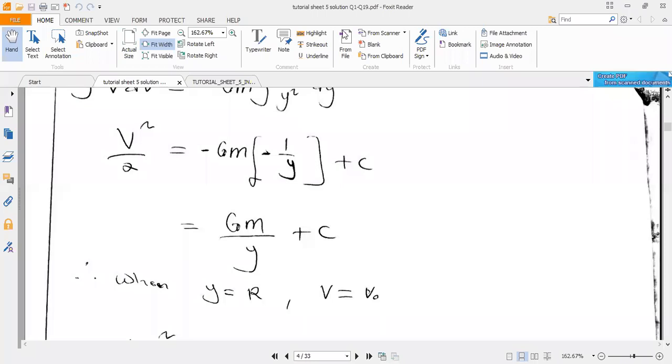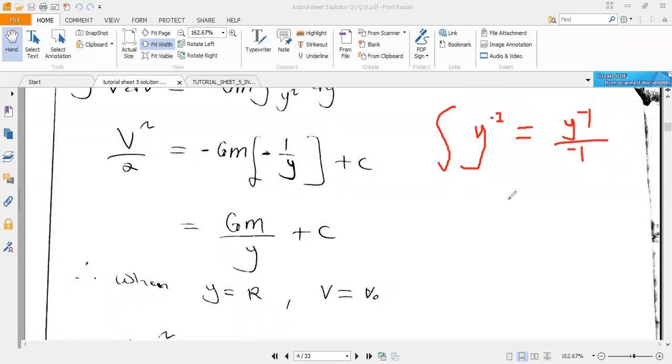1 over y squared can be written as y to the power -2, isn't it? So the integral of this guy is you add 1 to the power. When you add 1 to -2, you remain with -1, then you divide by -1.